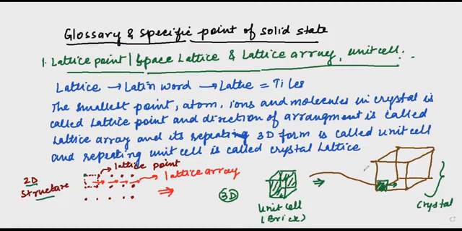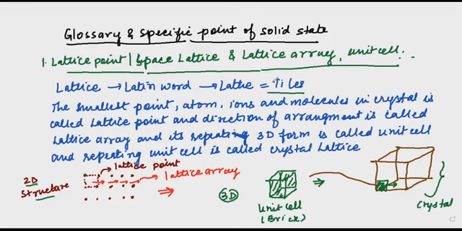Then it forms a whole crystal. Clear? So in this way we find out the meaning of lattice point and lattice array. And you also remember that lattice means like tiles or brick, anyone you say, which forms a whole solid crystal, right?